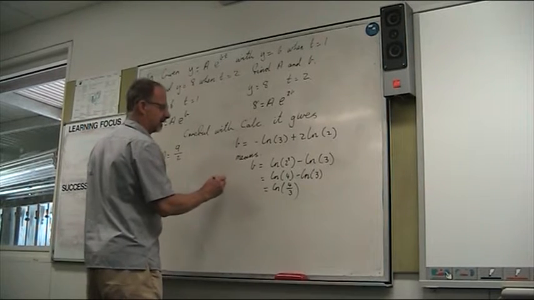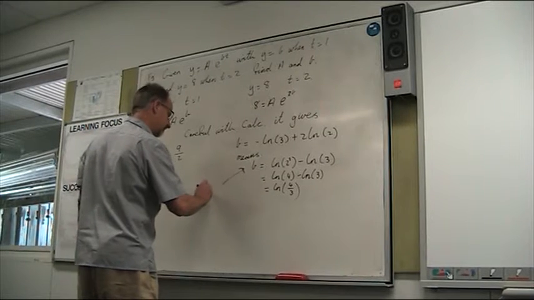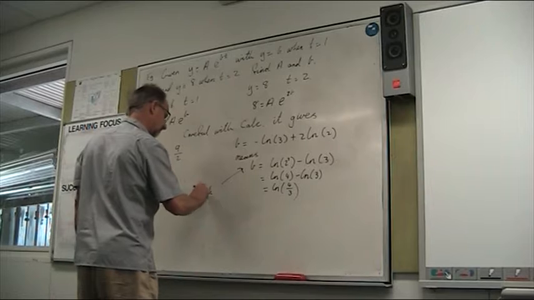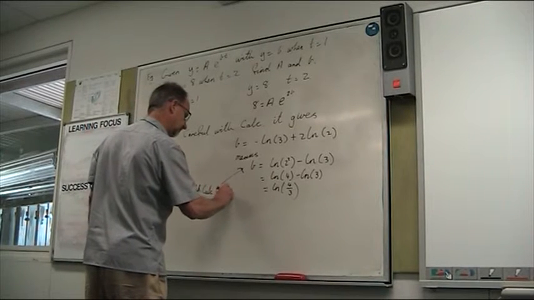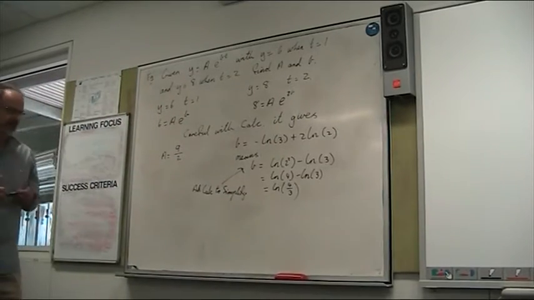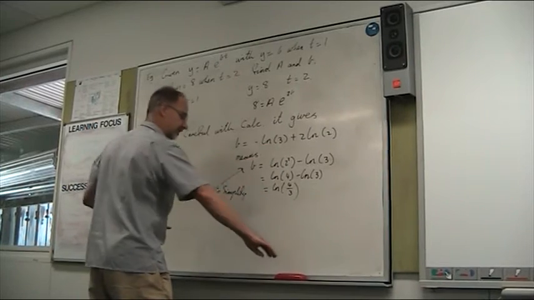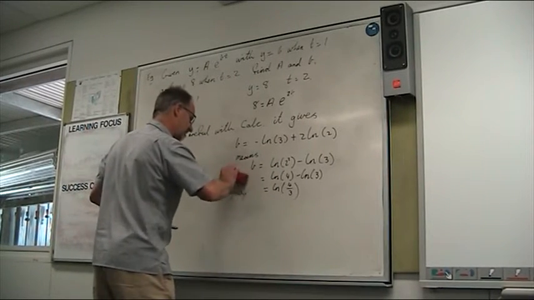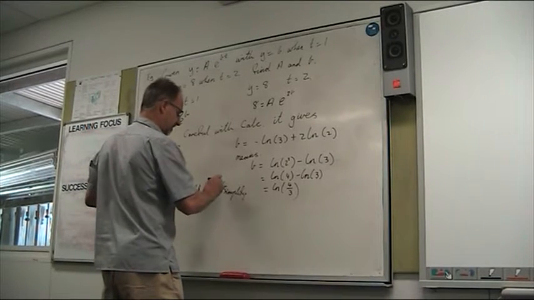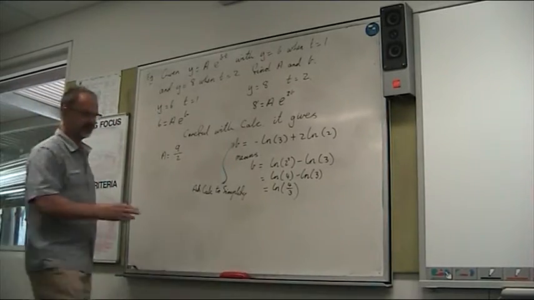But you can also, on the calculator, ask the calculator to simplify. Right, so if you ask the calculator to simplify, you go simplify and then that answer, and then it'll give you this.